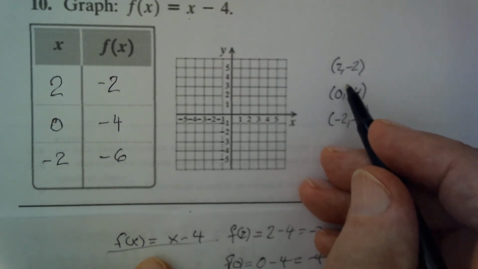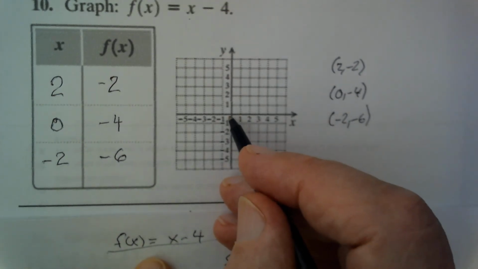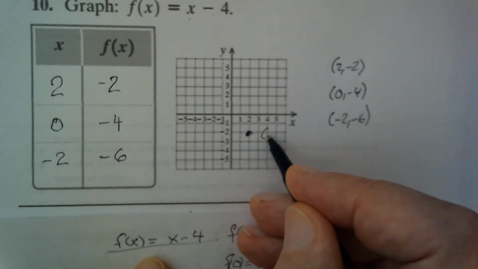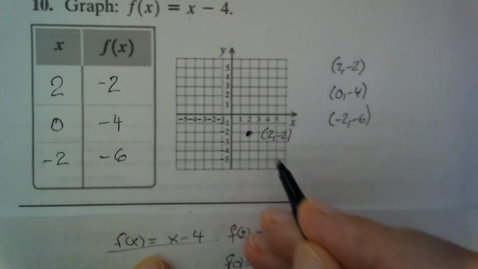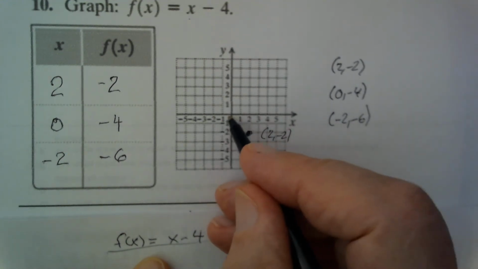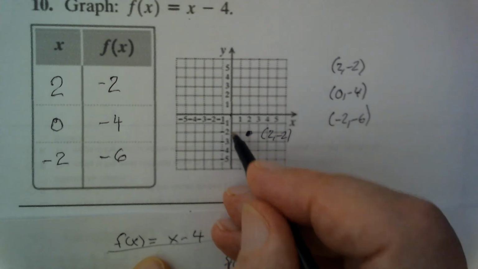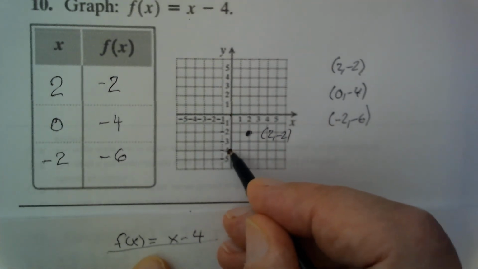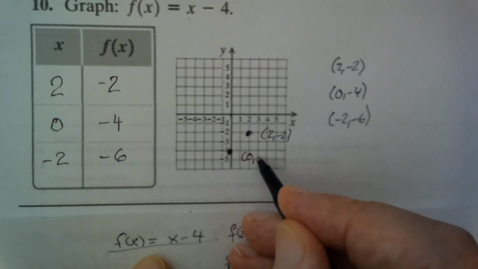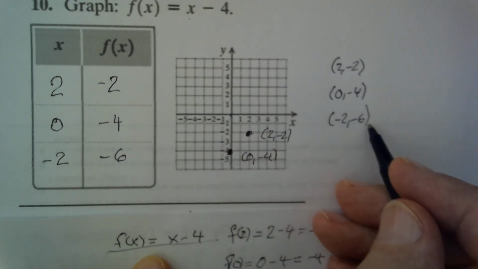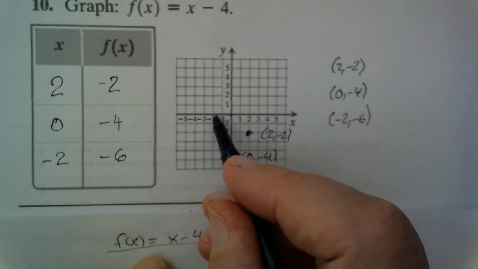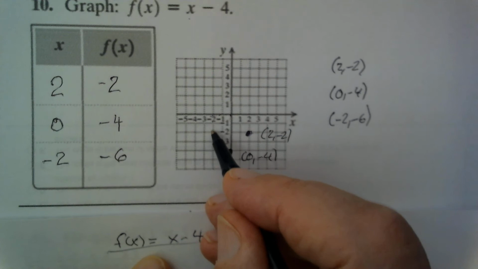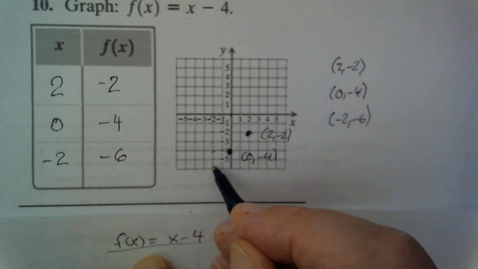So let's plot these points. 2, minus 2: x equals 2, y equals minus 2. That would be this one here. And then 0, minus 4, we just go down the y-axis since x is equal to 0, and minus 4 is here. And minus 2, minus 6, we go 2 to the left, and we go minus 1, 2, 3, 4, 5, 6.